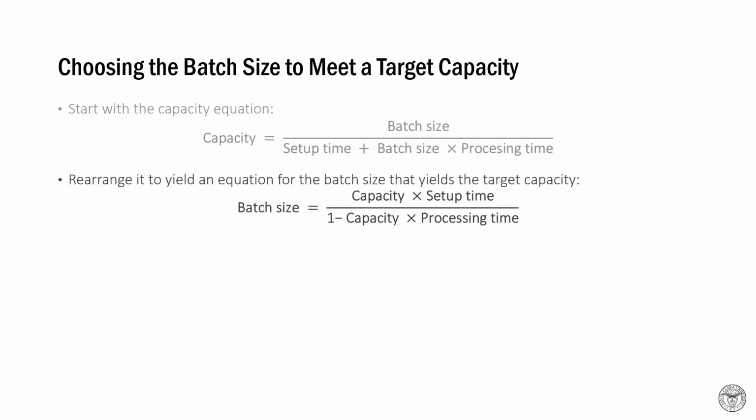By rearranging this equation, we can derive a formula that determines the batch size necessary to achieve our target capacity. Batch size equals capacity times setup time divided by 1 minus capacity times processing time.